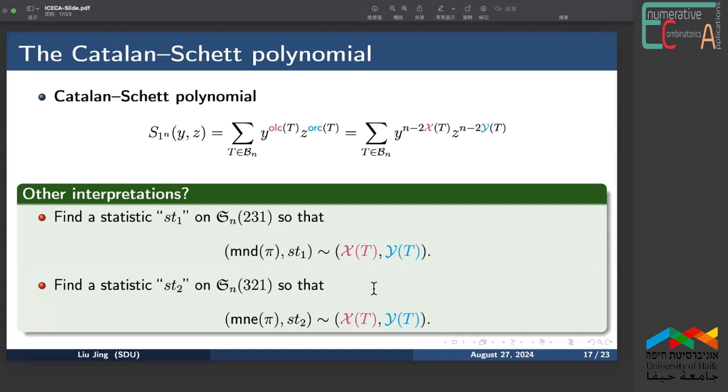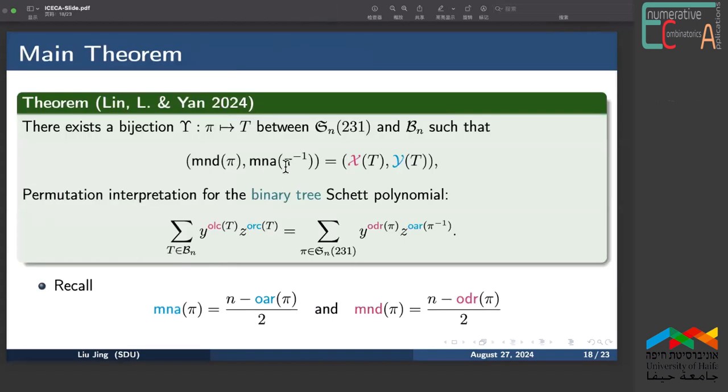If successful, this will provide two new interpretations for Catalan-Schett polynomials. And we find that the statistic M and A of the inverse of pi can meet all requirements. This theorem is crucial for our later work.